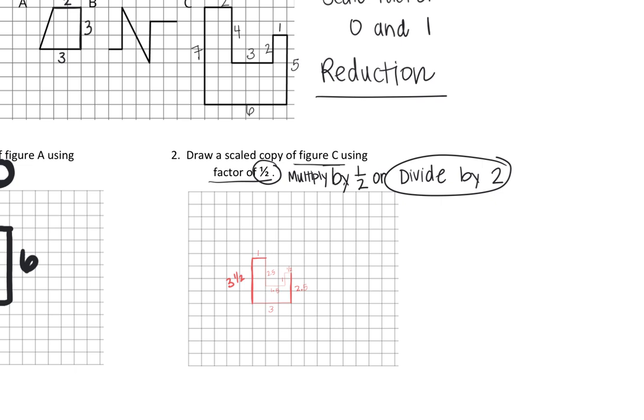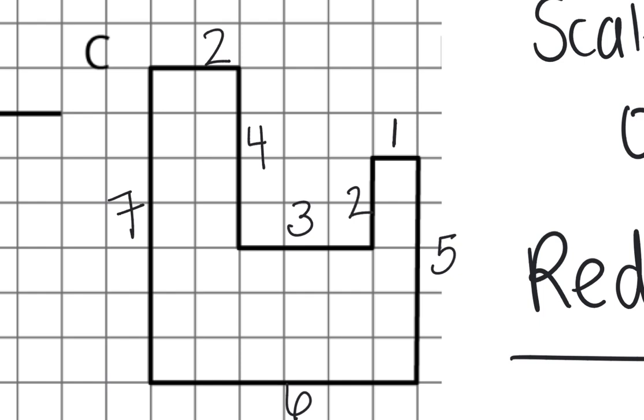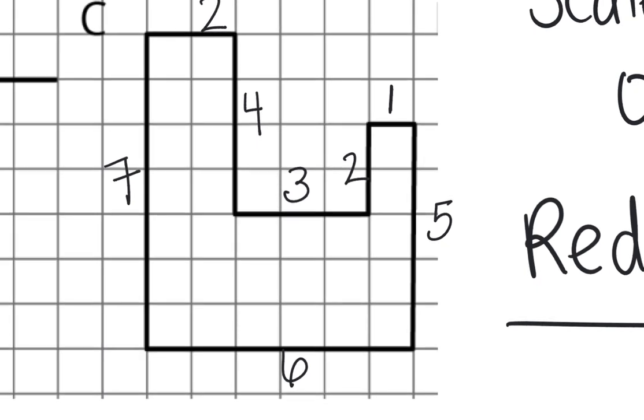Yo siempre me van a ver que divido por ese número que está abajo en la fracción. En este caso es 2. En este ejemplo tuve que dividir por 2. Si ven el problema original, está más grande que el que acabo de dibujar porque se partió en 2. Es una reducción, se hizo más pequeño por 2.